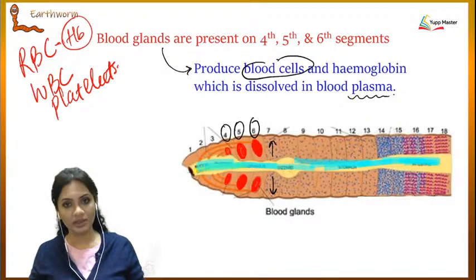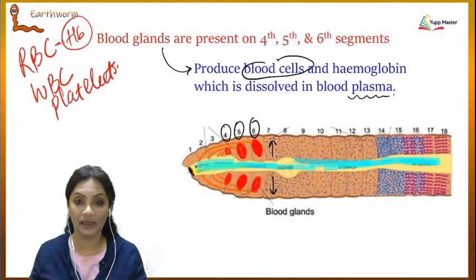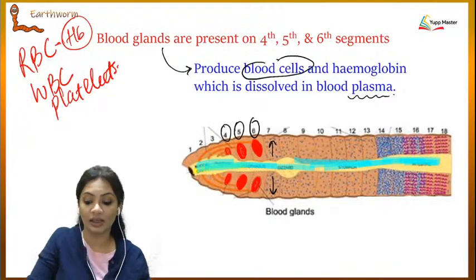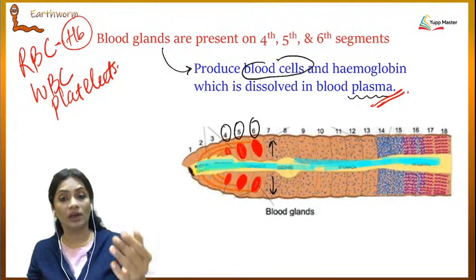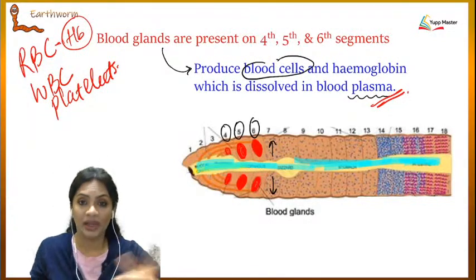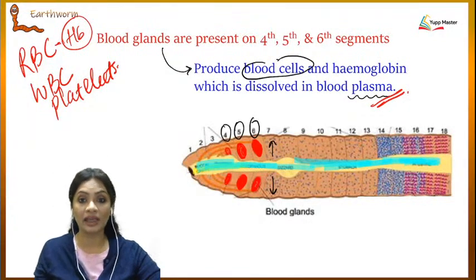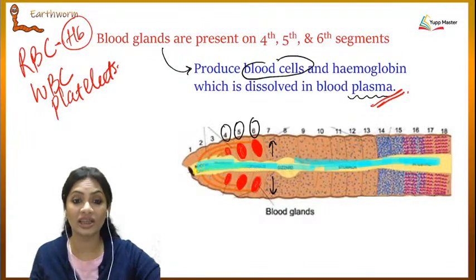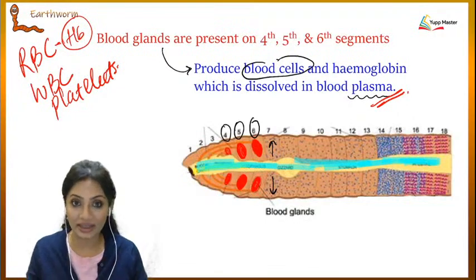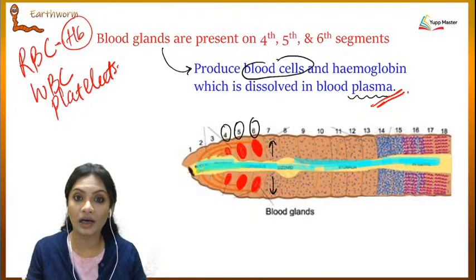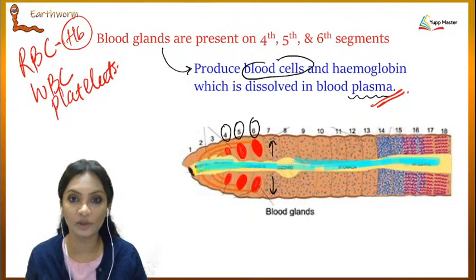For these earthworms, hemoglobin is found, but hemoglobin is dissolved in the plasma for an earthworm. Alright, so what is the function of the blood cells then? In our body, RBC is the main thing which is meant for carrying hemoglobin, which carries oxygen. But what about the WBC? These blood cells of the earthworm are behaving like our WBCs.